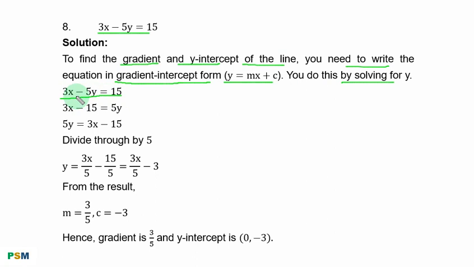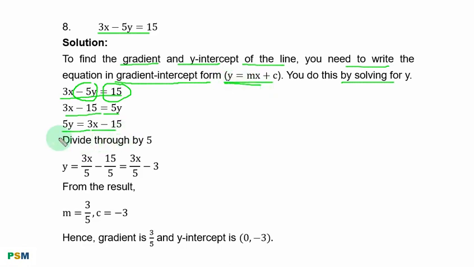positive. To achieve that, let's transfer this term to the right. It becomes positive. You transfer 15 to the left, it becomes negative. Therefore, 5y is equal to 3x minus 15. To have it in this form, y needs to stand alone.